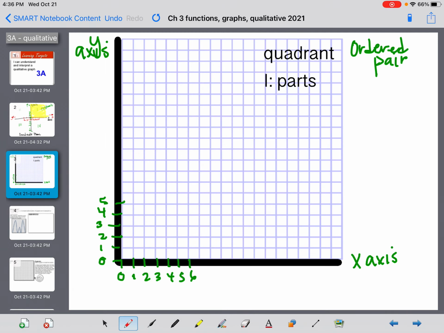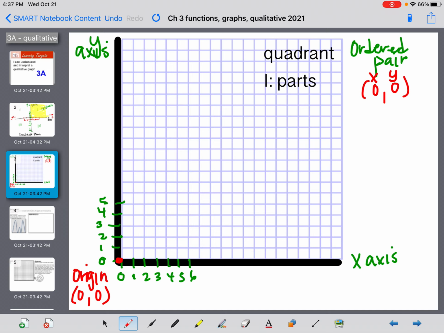So if I had the ordered pair 0, 0, I would put my dot right here at what's called the origin. The origin is the spot where x is 0 and y is 0. And this is written like this as an ordered pair because my x value and my y value are in order, like alphabetical order, x and y.